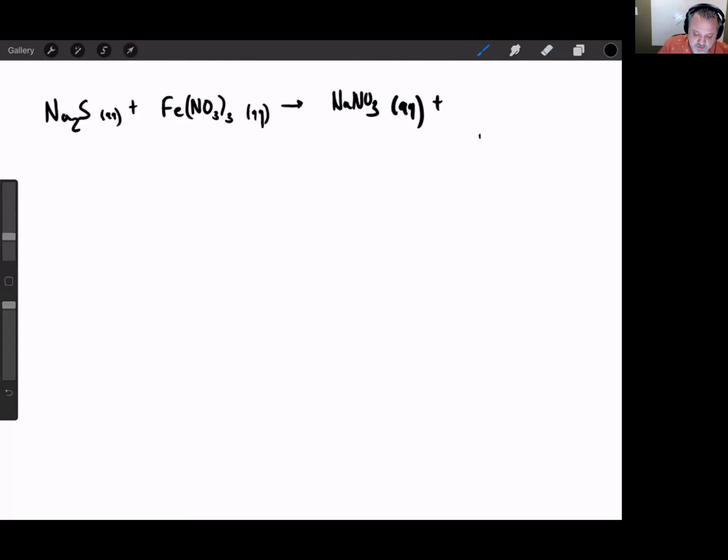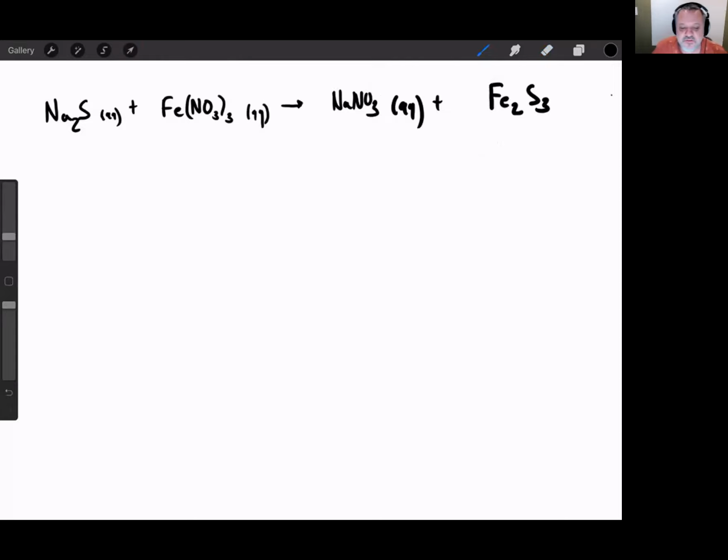What about iron 3 and sulfide? The formula will be Fe2S3. Is it soluble or insoluble? Well, on that sheet, there isn't a rule about sulfides.